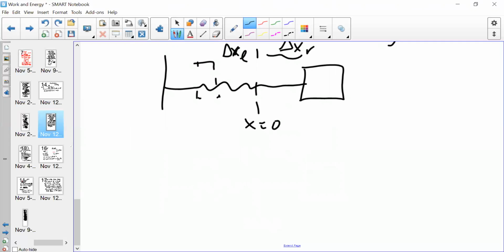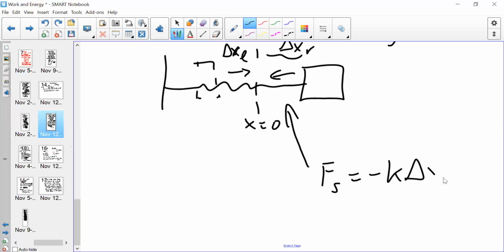Because we saw the spring force is always going to tend towards the middle. It's trying to bring it back to balance, back to 0. It's trying to restore it. That's why it's called the restoring force. And the spring force is negative k delta x, negative to indicate it's opposite. It's like friction, opposite.